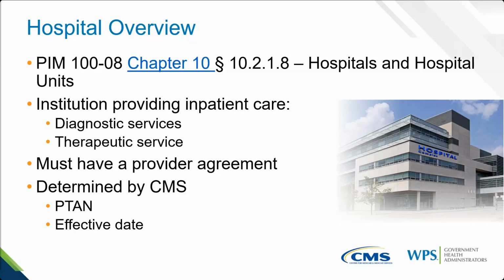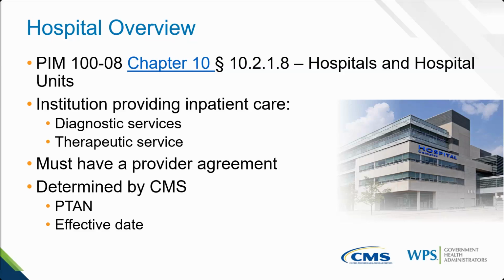The other thing that I want to point out is that hospital enrollment is a little bit different as far as receiving that CCN number or that PTAN. Again, I'll use those two interchangeably because they're really very similar, and essentially the difference is something is for Part A versus Part B. In the Part B world, the MACs actually assign that PTAN and grant the effective date for the provider.